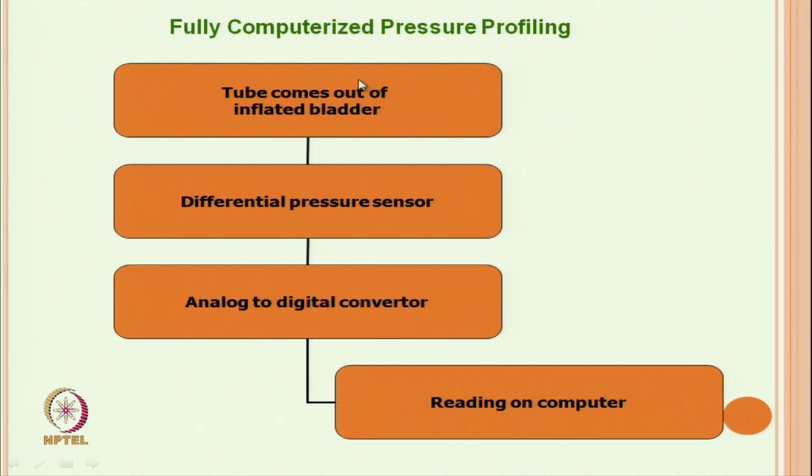In this instrument, the flow chart is that the tube comes out of the inflated bladder and it is going to the differential pressure sensor. Through an analog to digital converter we can record the data in the computer.